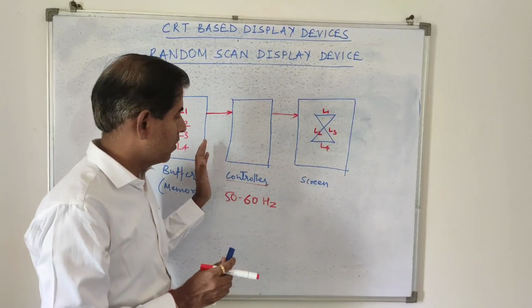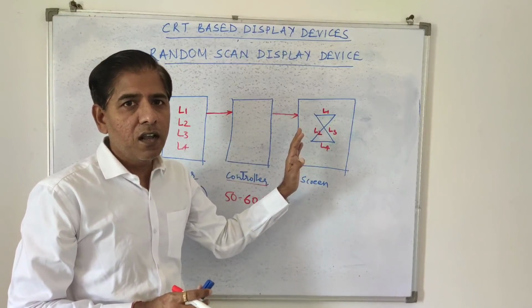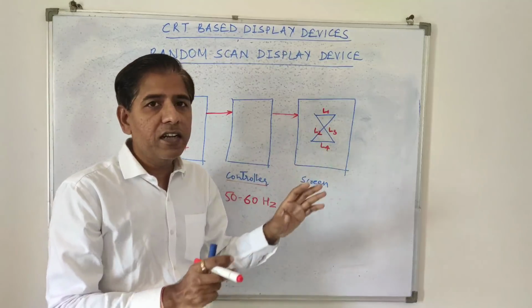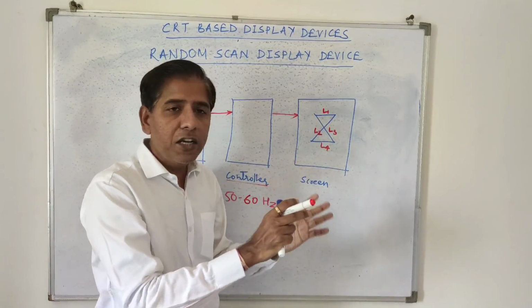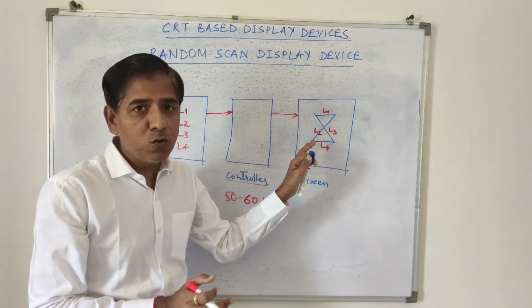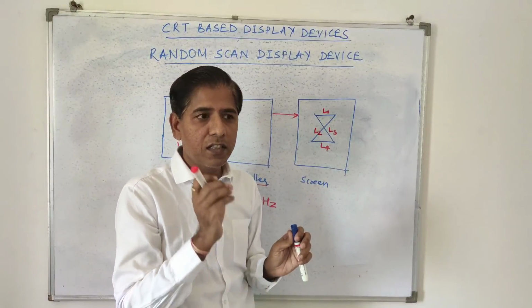Because of this 50 to 60 times transfer of the information, the naked human eye sees the entity continuously appearing on the screen, but in actuality the entities are not appearing continuously.